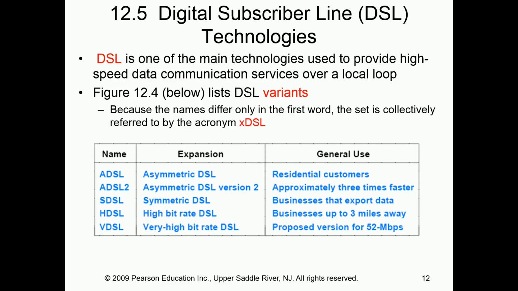Then they have the VDSL, or very high bit rate, and that allows them to do 52 megabits per second. There are some hybrid technologies like SHDSL. Some of them are hard to find documentation on, some of them are just plain kooky ideas. But there are several types of DSL out there. That was the point of this.